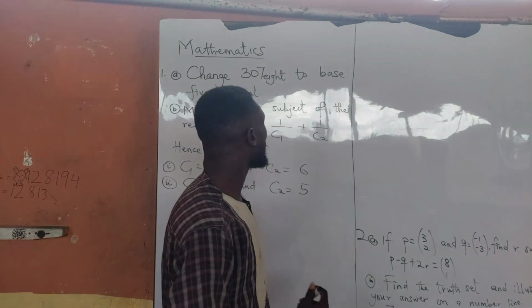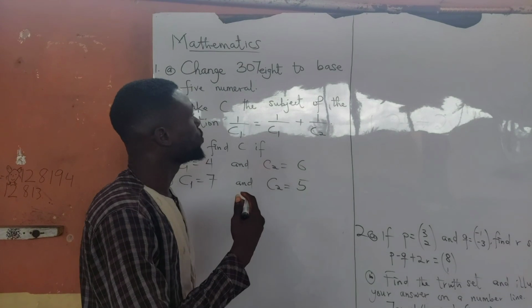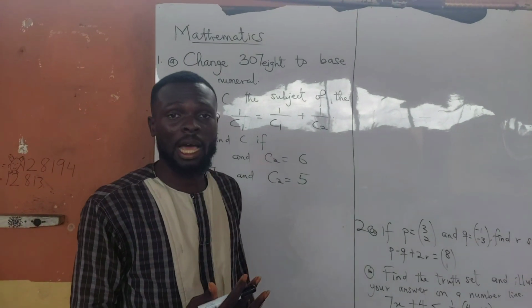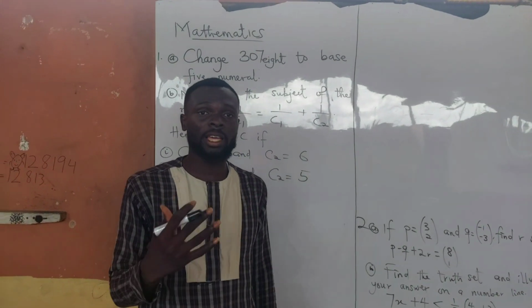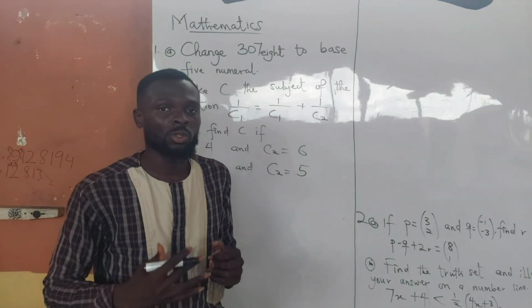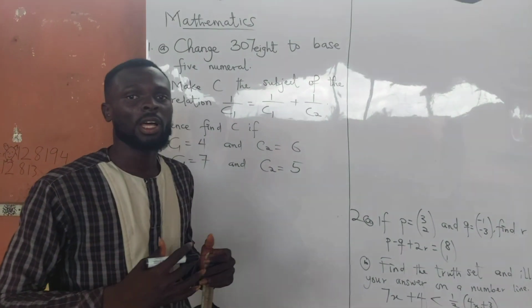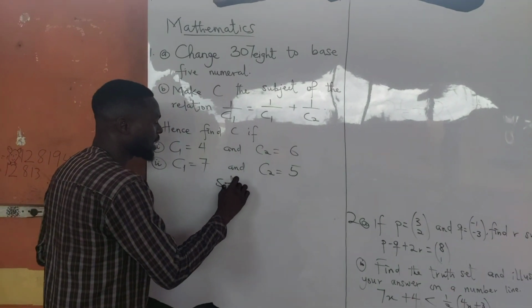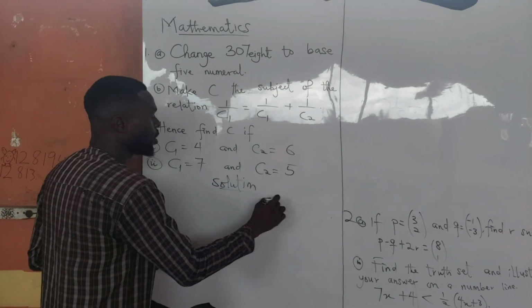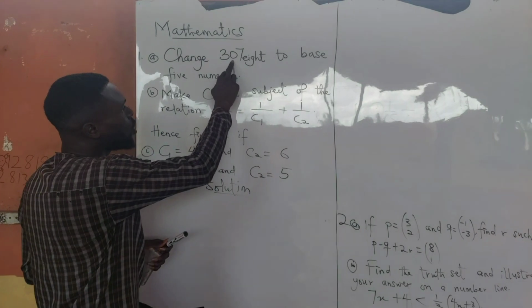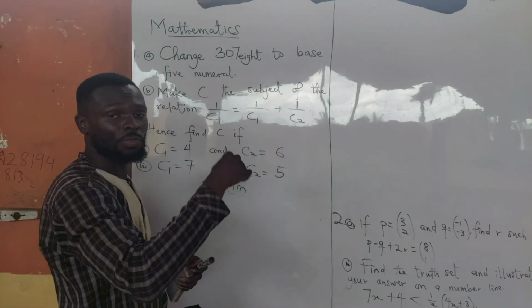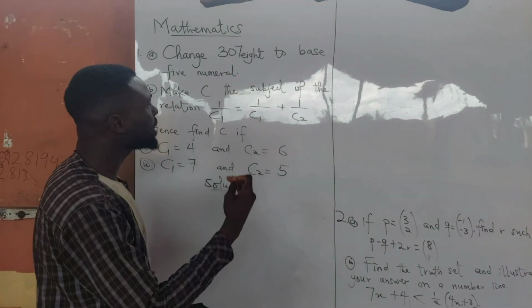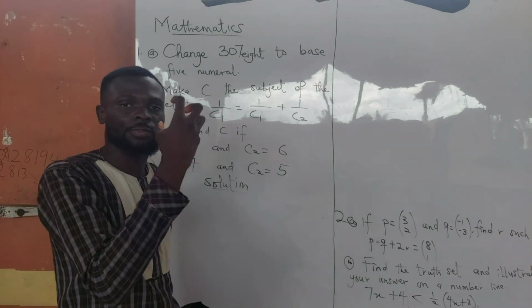Now with this one, we've not talked about it in our previous video, but we'll try to look at it as well so that we'll get an idea of number bases. If you look at number 1 here, you have been given 307 in base 8, and you are changing base 8 to base 5.